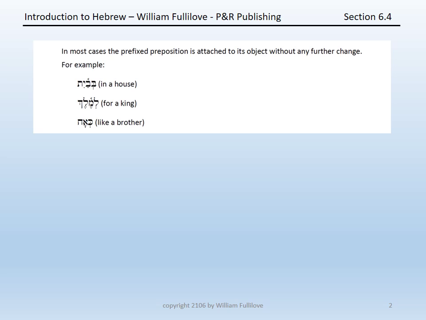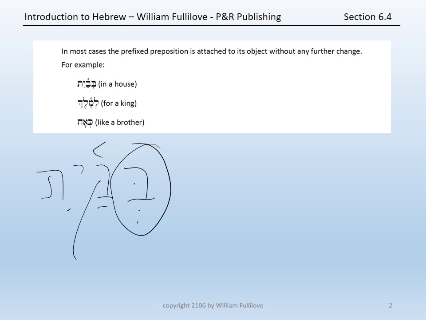In many, if not most cases, the prefixed preposition is simply attached to the front of its object without any further change. For instance, you have bayit, which is the Hebrew word glossed house. If you attach ba, in, to the front of it, the only change is that because you have a vocal schwa, the dagesh lene disappears, and you have bavayit.